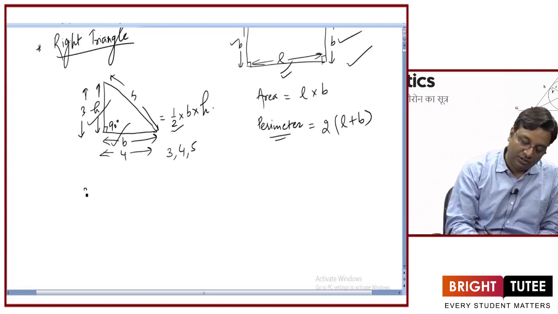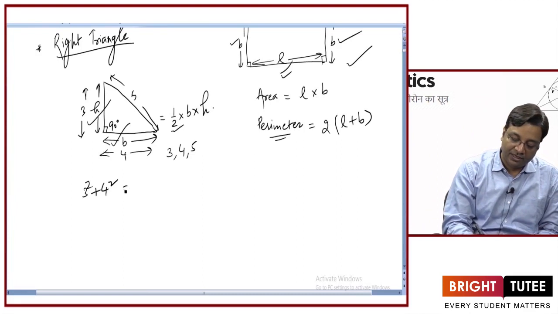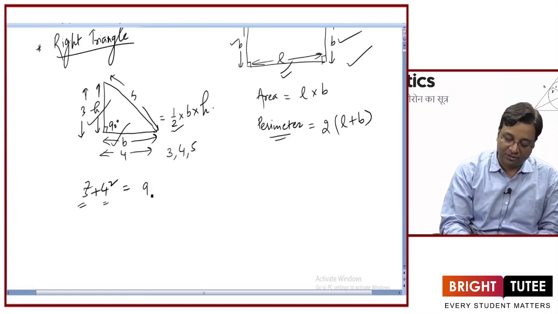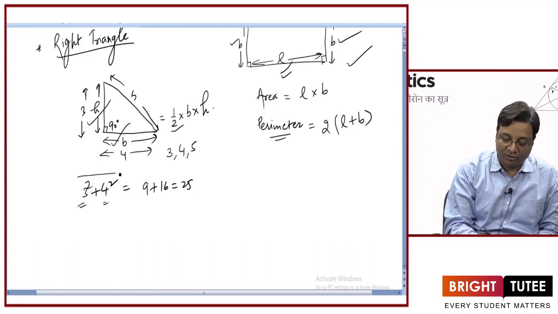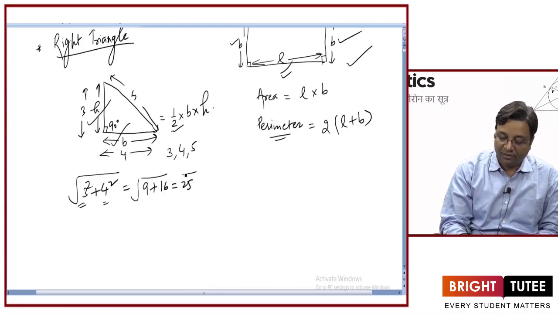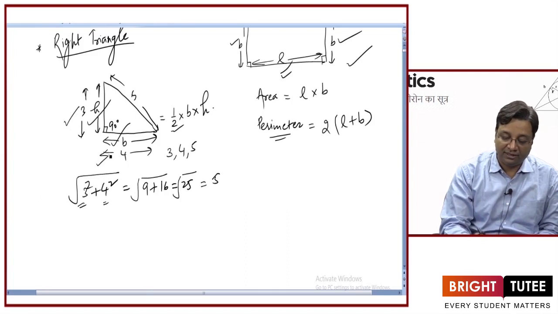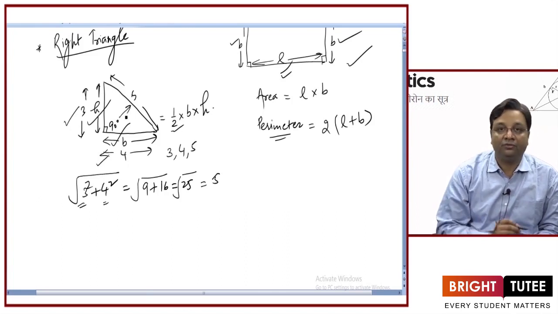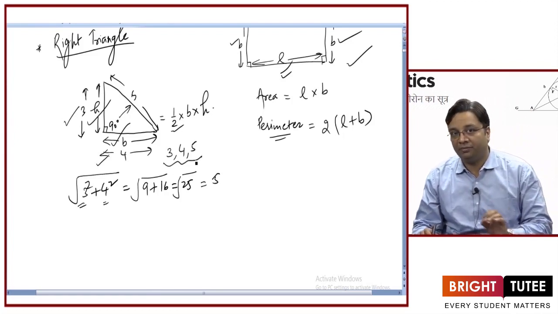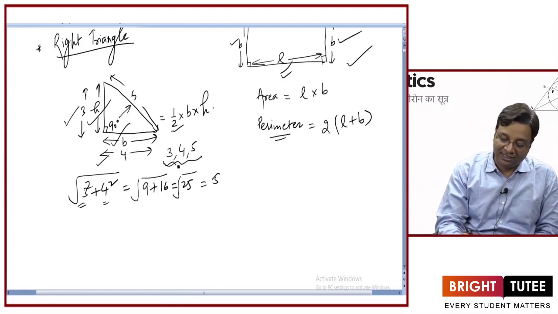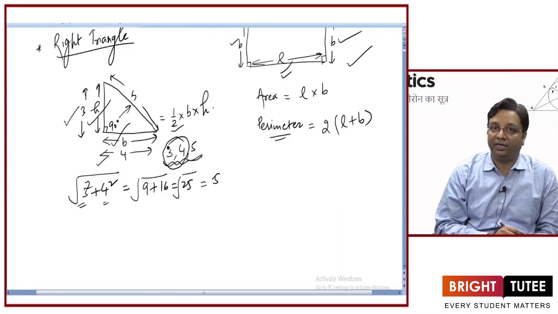So, 3 square plus 4 square is how much? This is 9, this is 16. So, 9 plus 16 is 25. If I take square root of this, it will be 5. So, 3, 4 and 5 are known as Pythagorean triplets. If you see such dimensions, you can directly calculate the area by multiplying these two and dividing by 2.